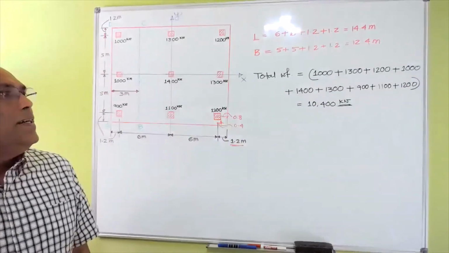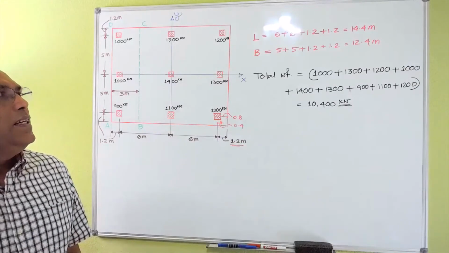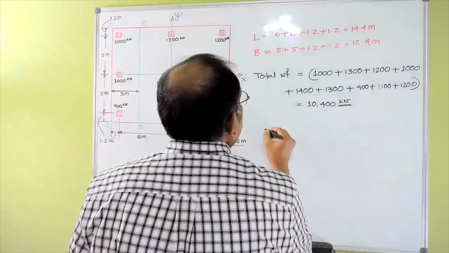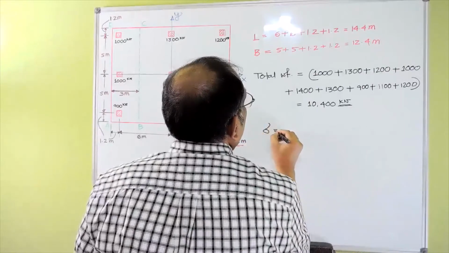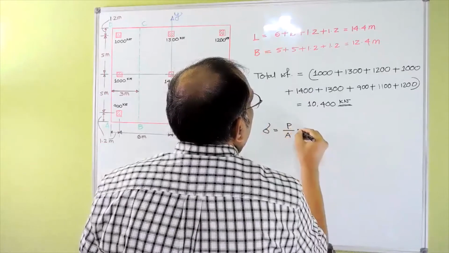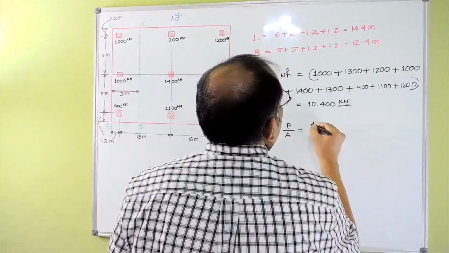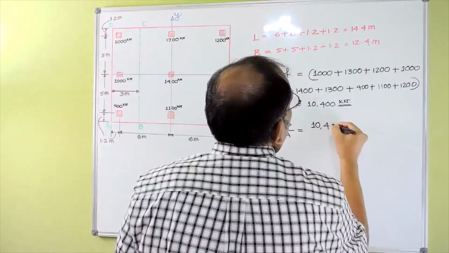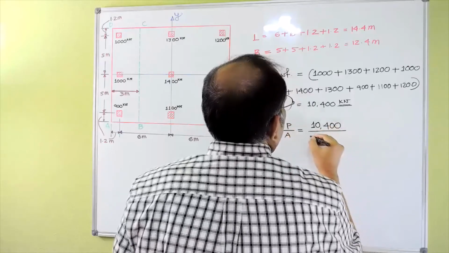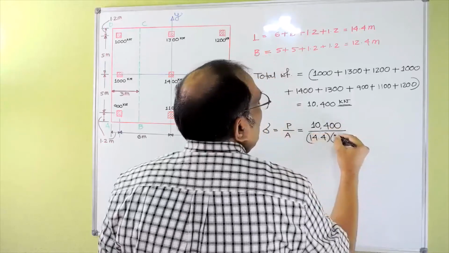Okay, so the pressure of soil below the foundation, you can just find that out, right? The sigma pressure is equal to P by A. So that's basically 10,400 divided by your area, which is 14.4 times 12.4.